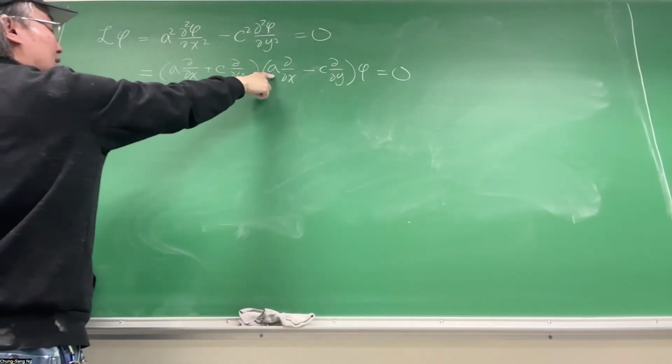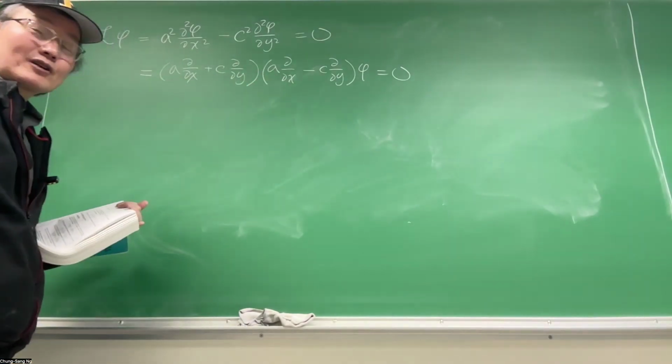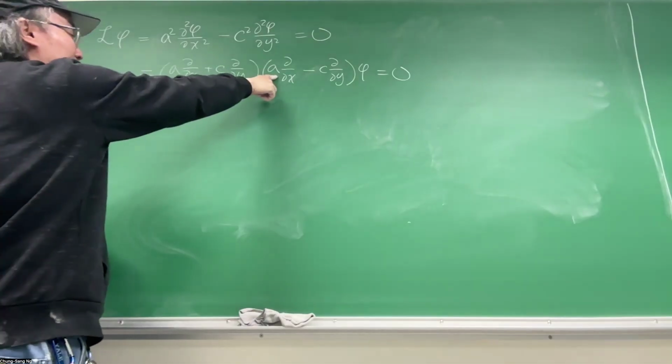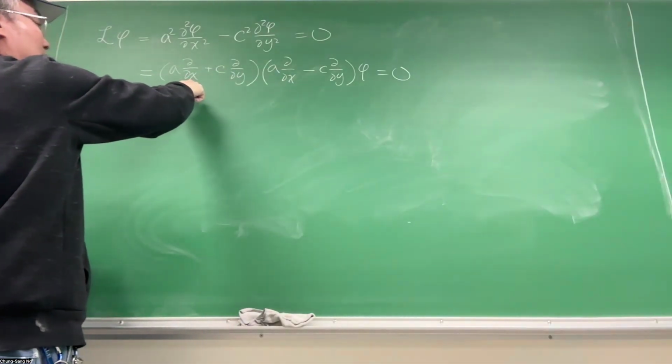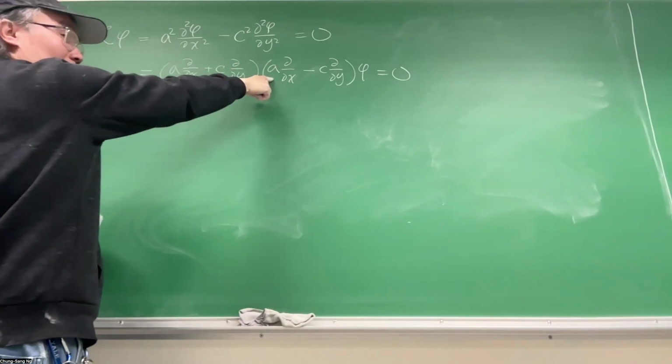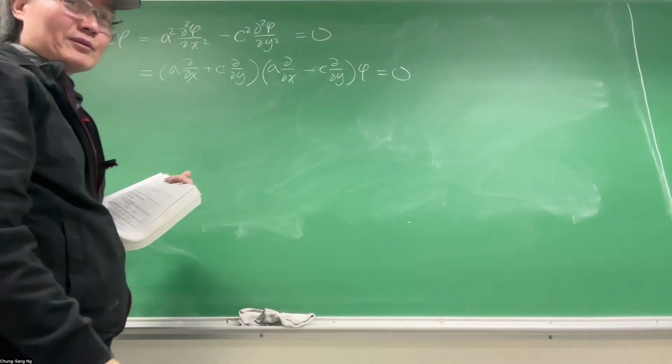Because we assume that these are constant. If this is not constant, obviously you get into trouble, because when you write it like that, this differential operator also operates on a. If a is a function of x and y, then you obviously get into trouble.